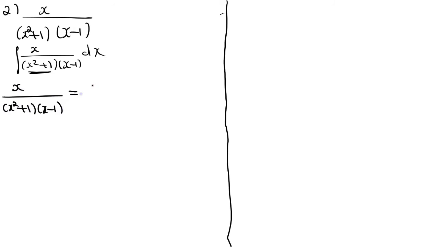So you need to write it as a divided by x minus 1 plus bx plus c divided by x square plus 1. Okay, it's the fifth type, right? Because further factorization is not possible for x square plus 1. So a divided by x minus 1 plus bx plus c by the unfactorized term. The unfactorized term is equal to x square plus 1.